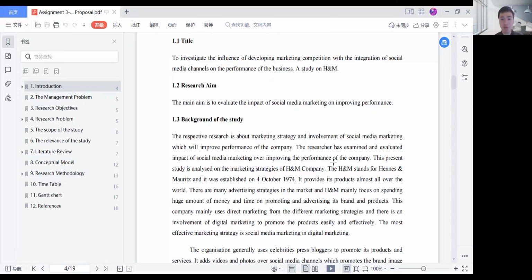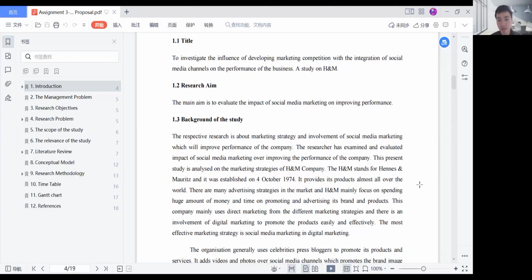The research has examined and evaluated the impact of social media marketing on improving the performance of the company. This present study is an analysis of the marketing strategy of the H&M company.